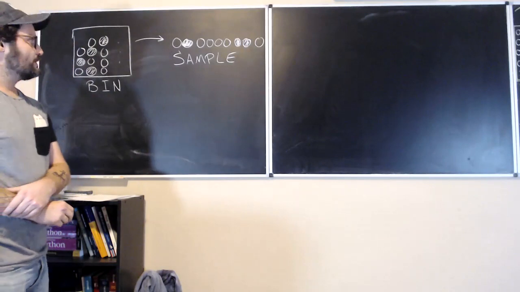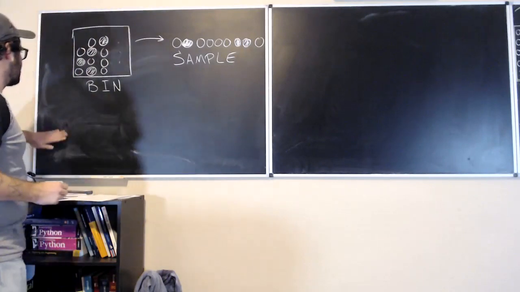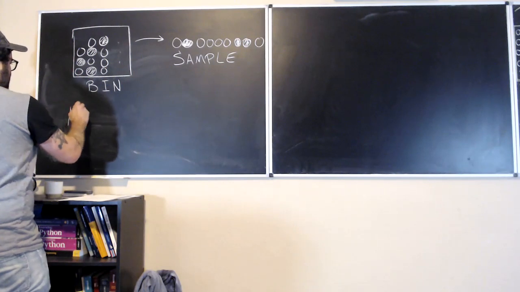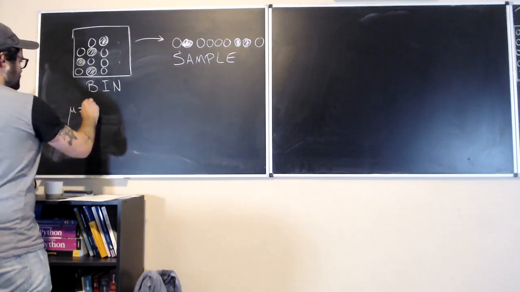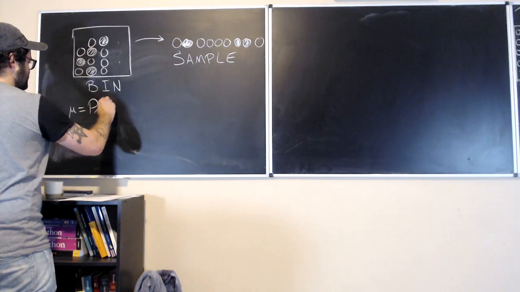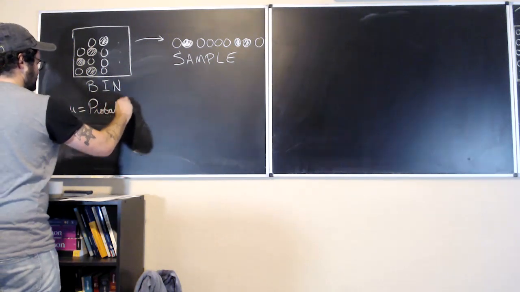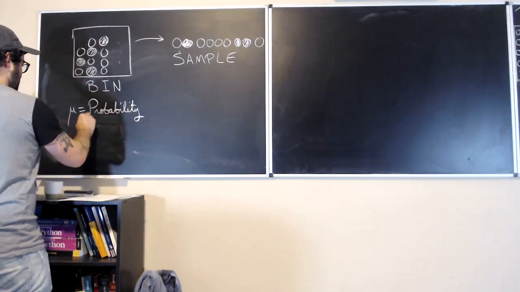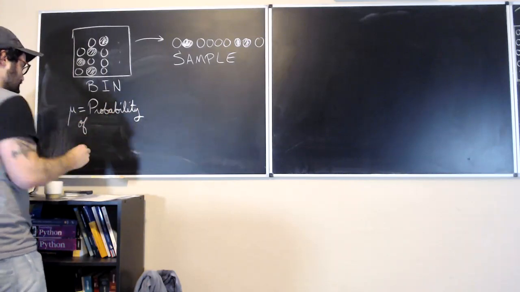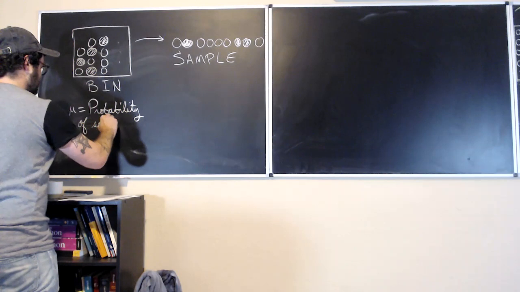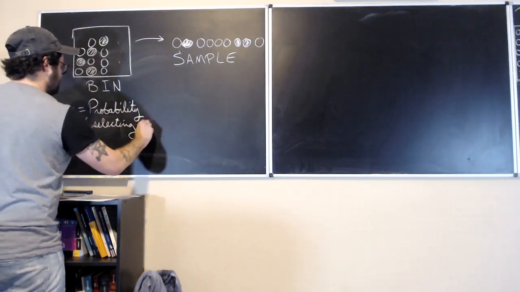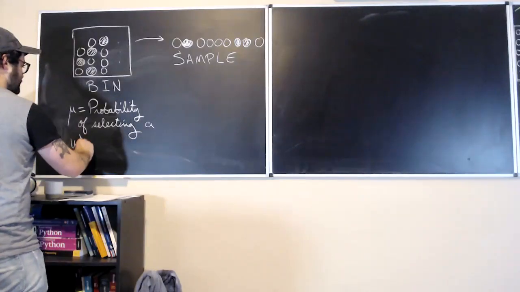Okay, so I'm going to introduce some notation now. I'm going to say let mu be the probability of selecting a white marble from the bin.